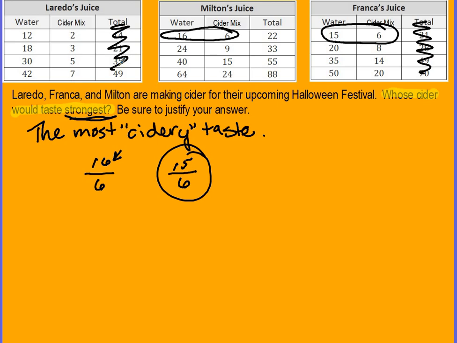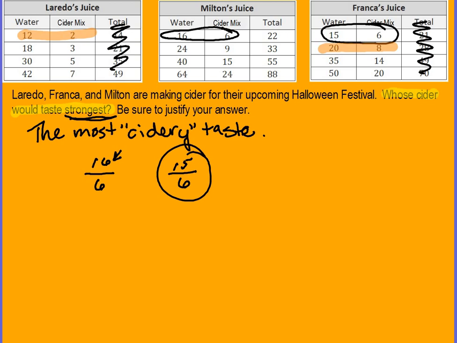So now I'm going to take a look at how I can use equivalent ratios to help with this. First and foremost, do I have ratios that I can make equivalent somehow? I'm going to highlight here, I have 20 to 8 and I have 12 to 2.